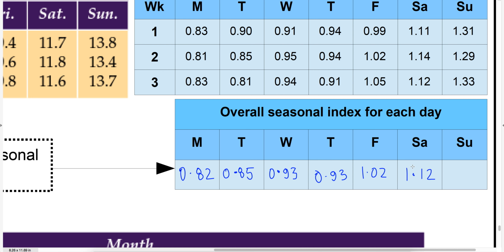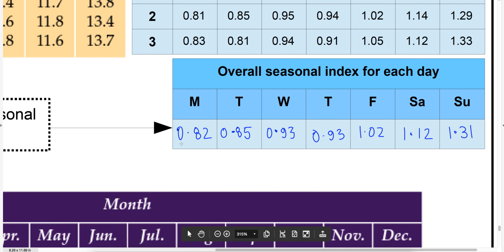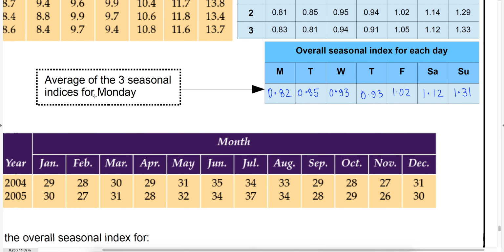And finally, it looks like Sunday has the largest values, 1.31. There we go. Okay, so remember, when you have seasonal indices, they should add up to the number of seasons. So just a reminder about that.